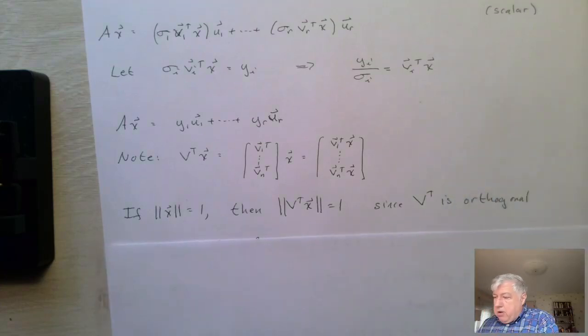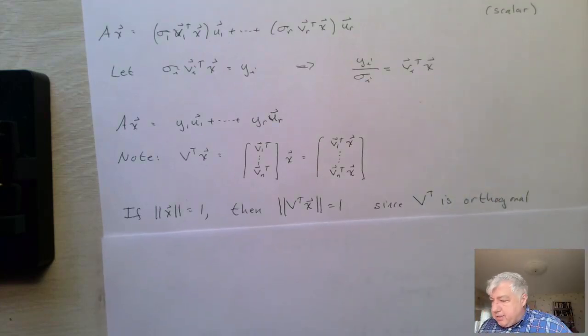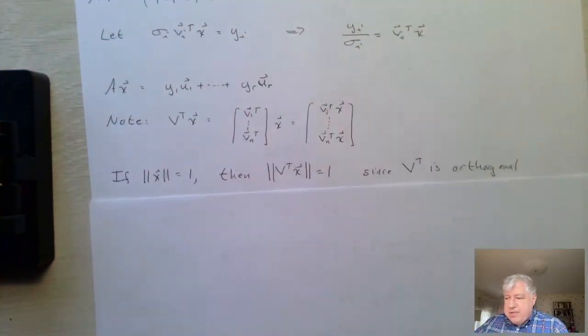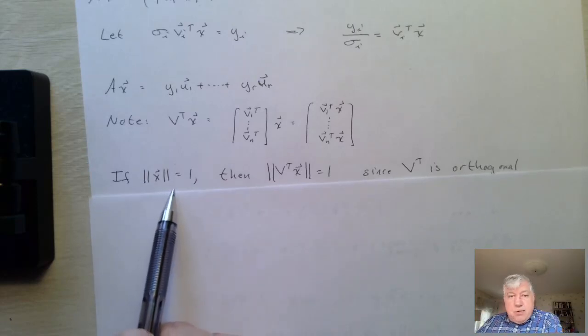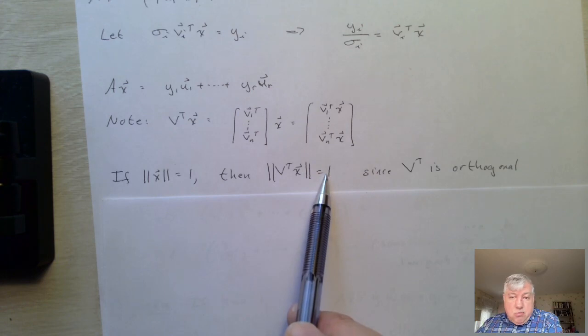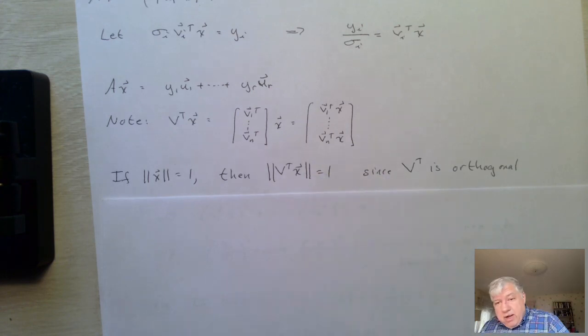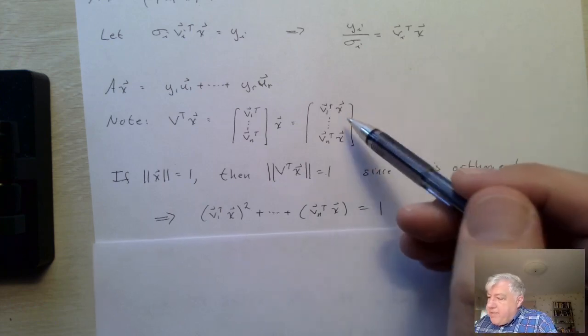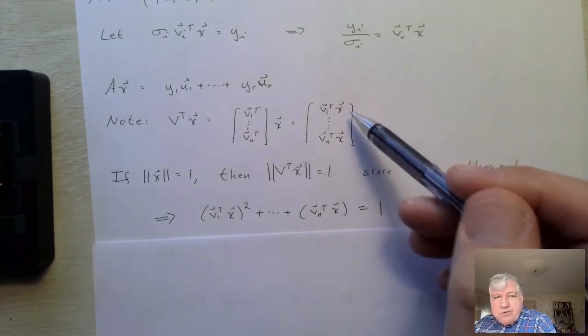Now this is going to be helpful, because if we restrict our vectors X to be unit vectors, that is, if the length of X is equal to 1, then the length of V transpose X is also equal to 1, because V is orthogonal, so V transpose is also orthogonal. That means the length of this vector is 1.